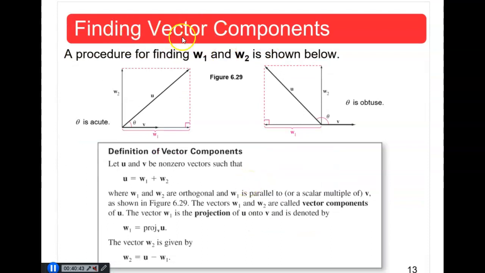So, finding the vector components. What we're going to do to find W sub 1 and W sub 2 is going to involve projection, and we're going to do that by using the vector components.